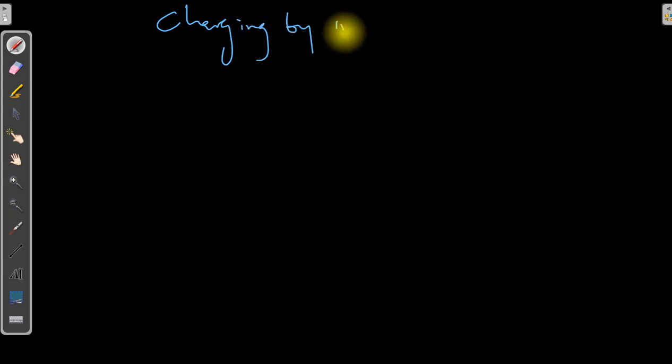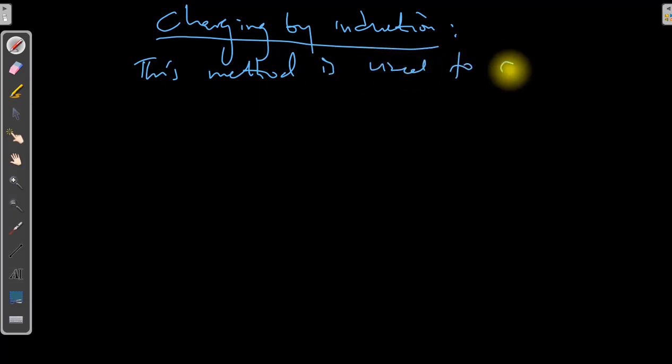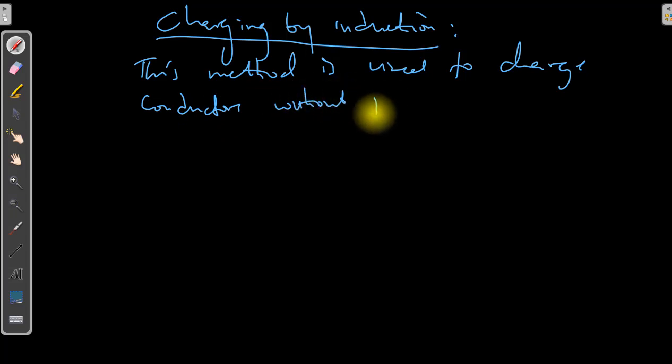So the method of charging by induction is used to charge conductors without physical contact between these two conductors like it is in the previous method.